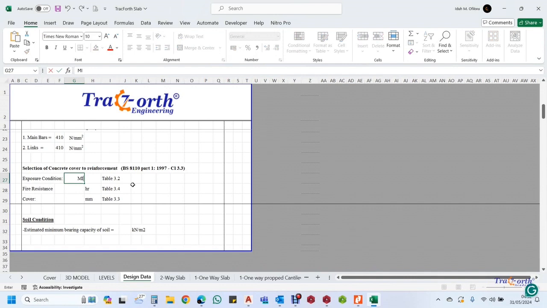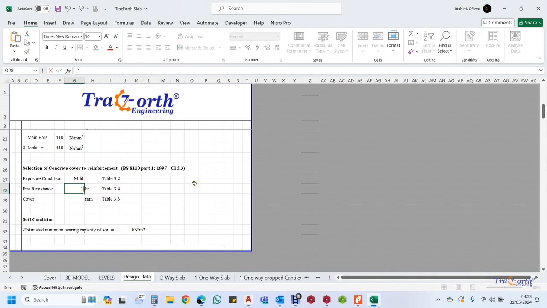So when you determine the mild condition, the next thing you are going to determine is, since steel does not perform so well when subjected to fire, how many hours do you want the slab to be able to withstand fire.